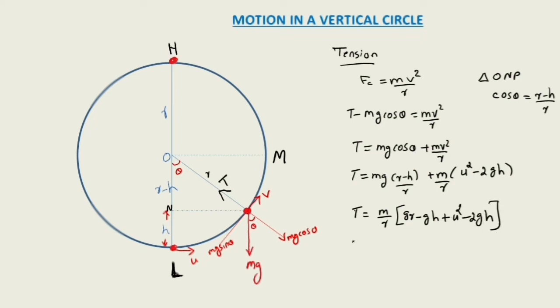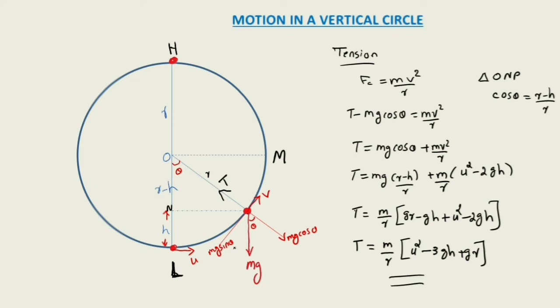So tension can be written as T is equal to m by r into u square minus gh minus 2gh, so u square minus 3gh, plus gr. This is the equation to calculate the tension at any point in a vertical circle. So tension is equal to m by r into u square minus 3gh plus gr.